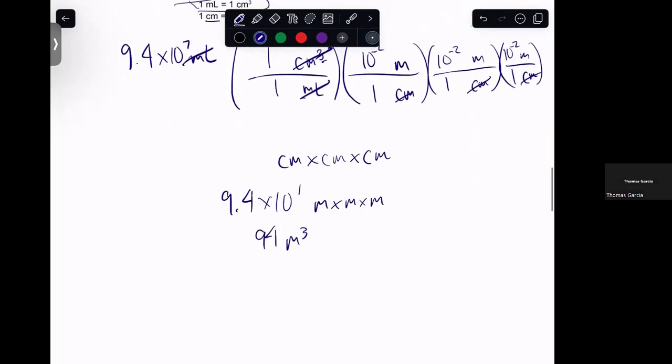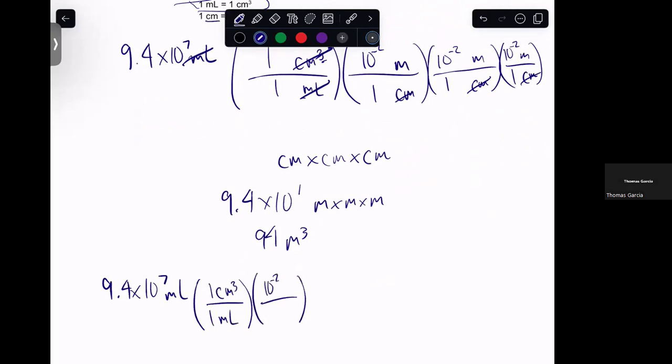There is a much simpler way, which is where we go 9.4 times 10 to the 7th milliliters. We'll do that first conversion exactly the same, 1 centimeter cubed, 1 milliliter. But the second one, we will just do 10 to the minus second meter, 1 centimeter, and we'll cube the whole bracket.